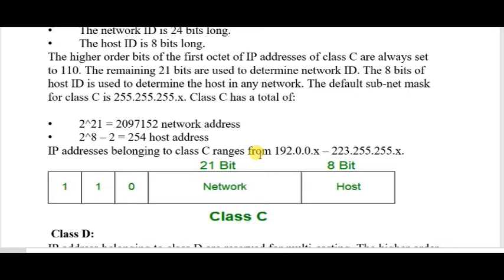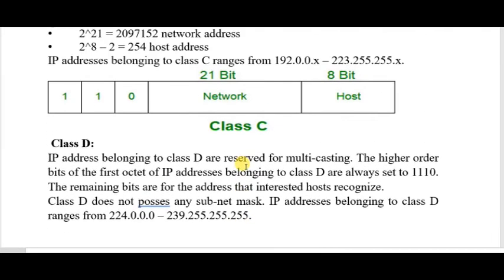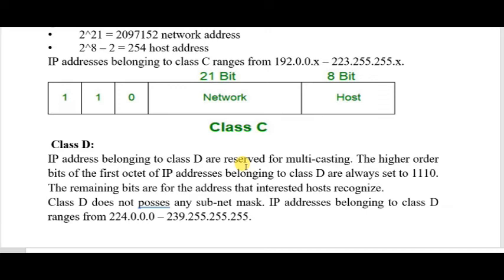Now comes class D. In class D, how many prefix bits are there? We have 4 prefix bits, 1110. The remaining is 4 bits, 0000 is the starting, and the last is 1111. 2 to the power 4 is equal to 16.